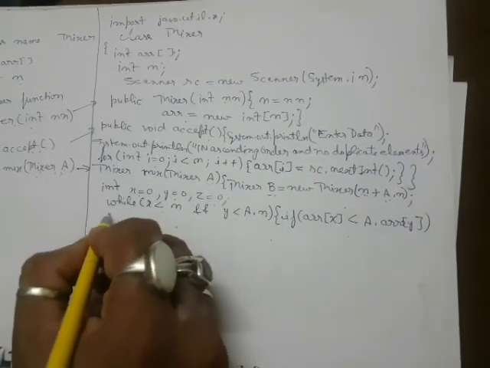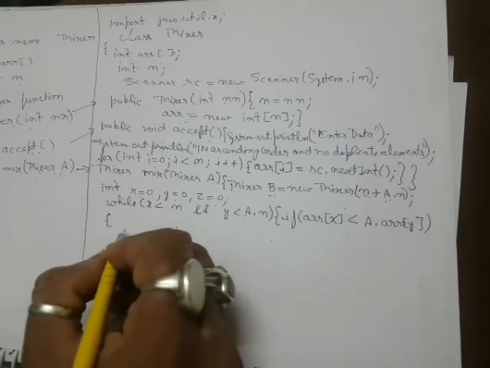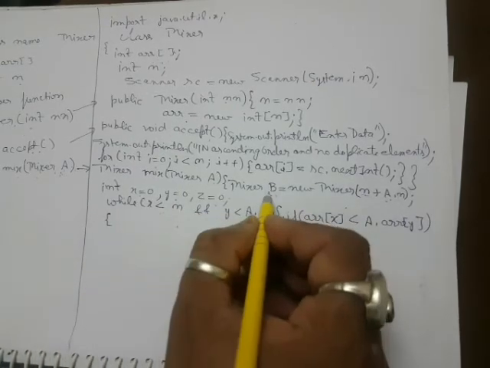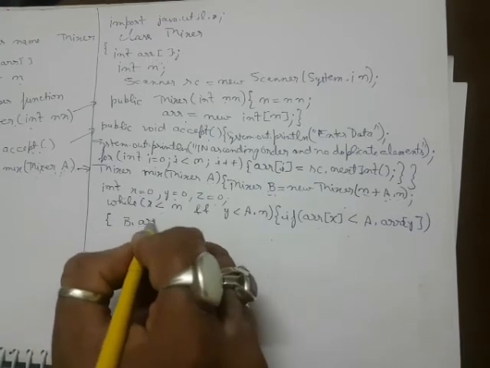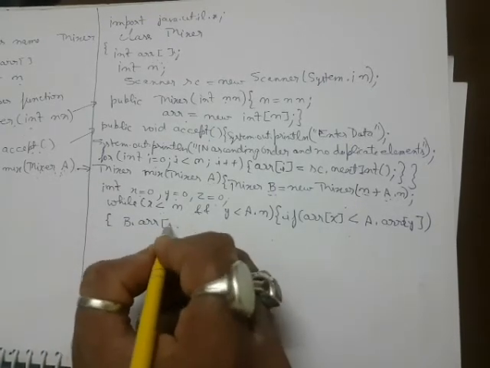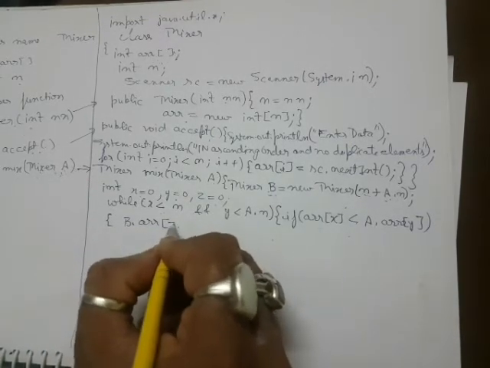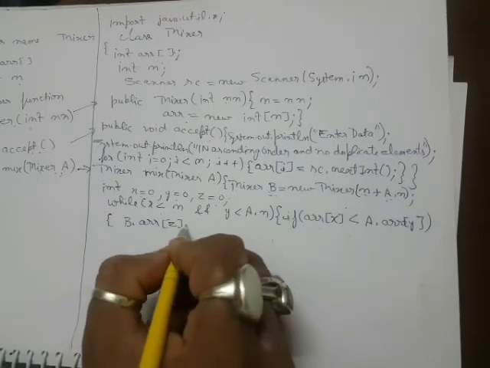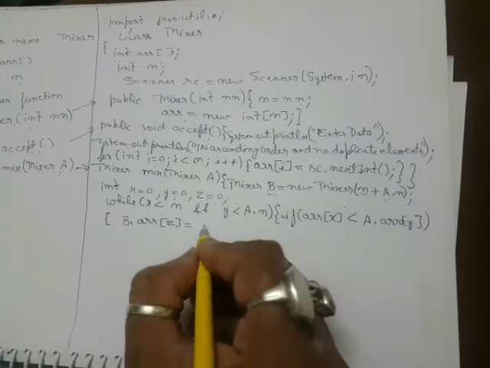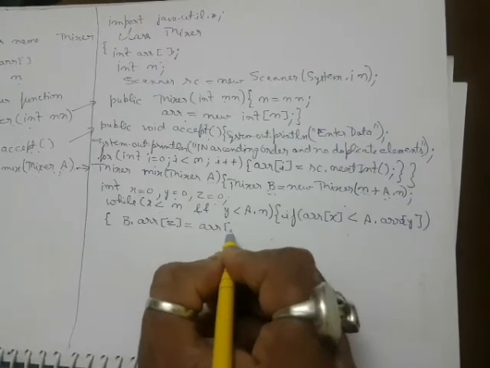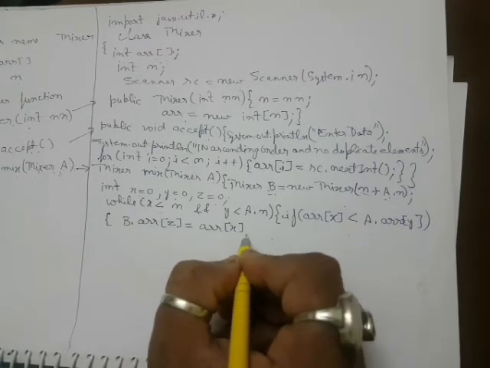We need to copy data where? In the third array. The third array is inside the b. So we write here b.arr[z] equals to, which data will be copied? Because this one is lesser, arr[x] will be copied.